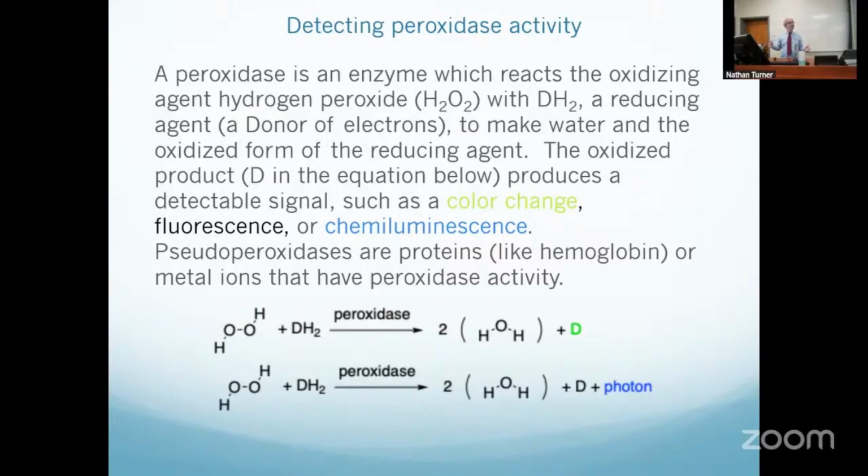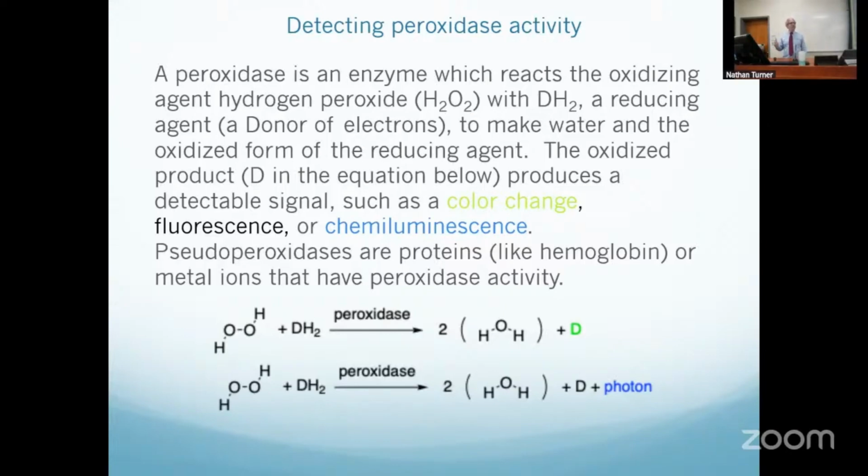Sometimes the donor is fluorescent. And in a third possibility, the donor, when you oxidize it by this peroxidase activity, gives up a photon. That's, in fact, probably the most familiar to those of us who watch crime shows. Luminol, that's chemiluminescence. When the reduced form of luminol is oxidized, it gives off a blue photon, and that's what we detect.